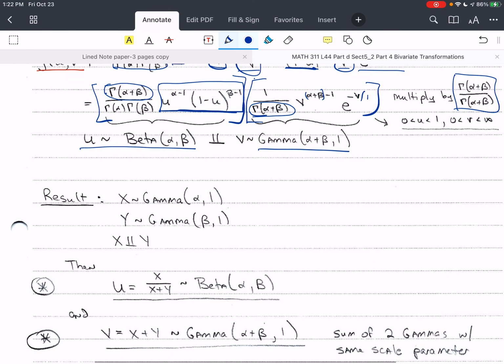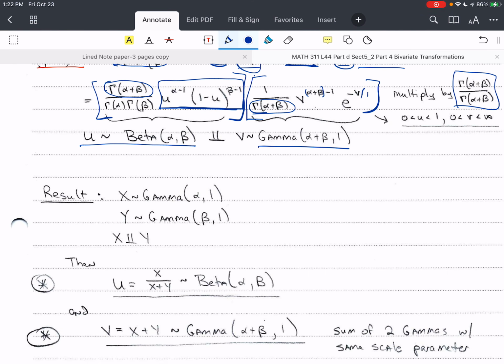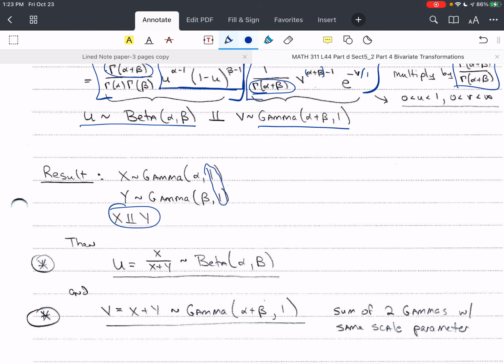So here's the result, that when x is a gamma with alpha and 1, and y is a gamma, beta 1, so they have the same scale parameter, and these are independent, then u equals x over x plus y. That is a beta with alpha plus beta. That's the distribution.